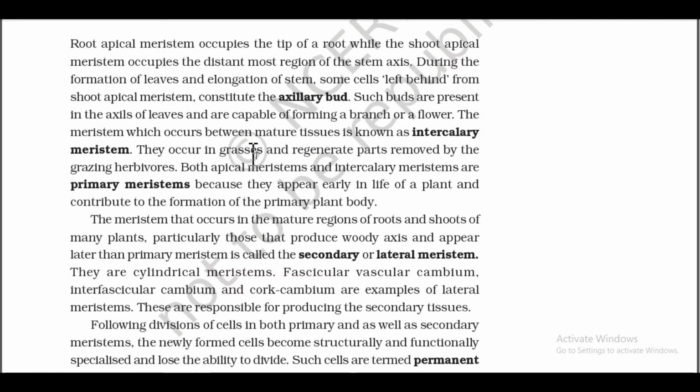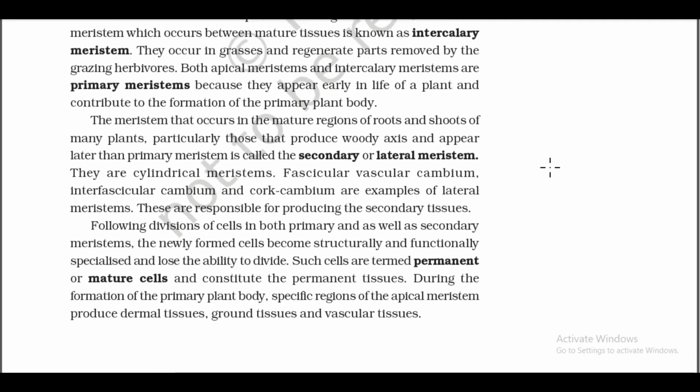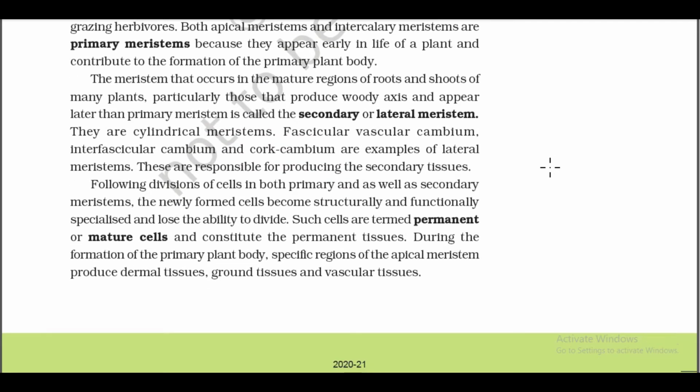They occur in grasses and regenerate parts removed by the grazing herbivores. Both apical meristems and intercalary meristems are primary meristems because they appear early in life of a plant and contribute to the formation of primary plant body.